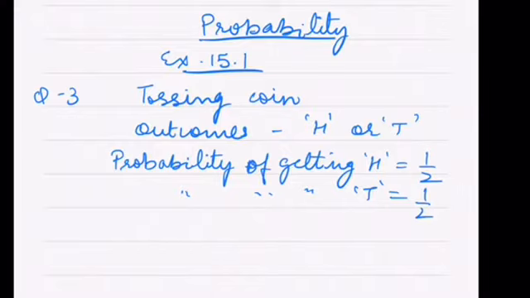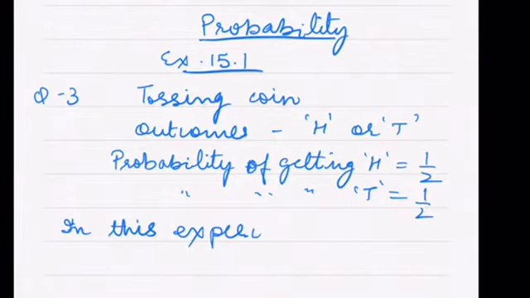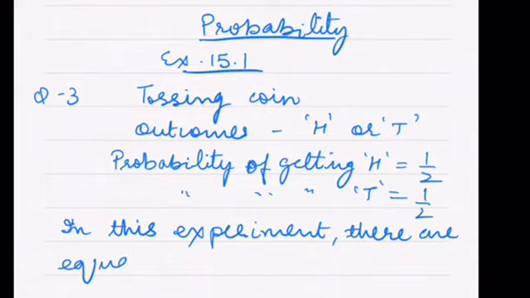So for each elementary event I have equal probability and there are only 2 outcomes and the probability of getting them are equal. So I can say that in this experiment there are equally likely outcomes.